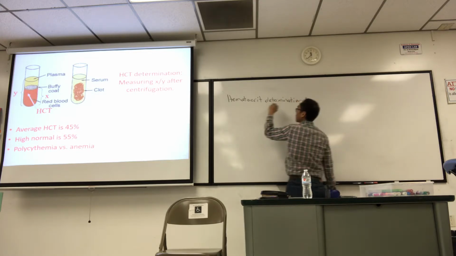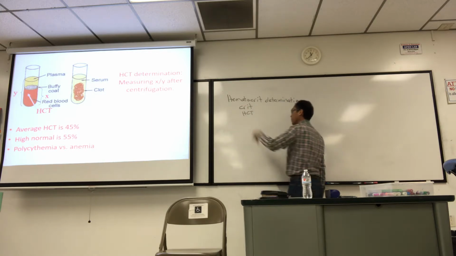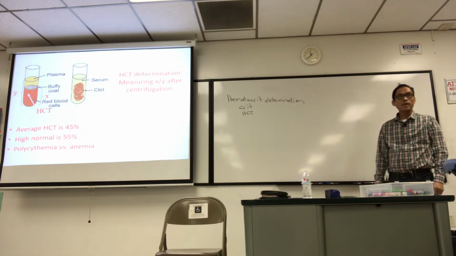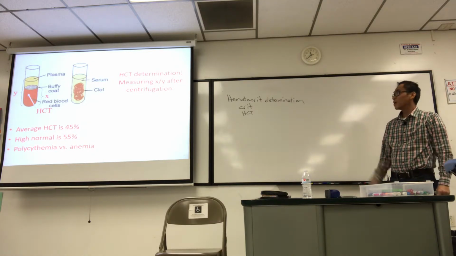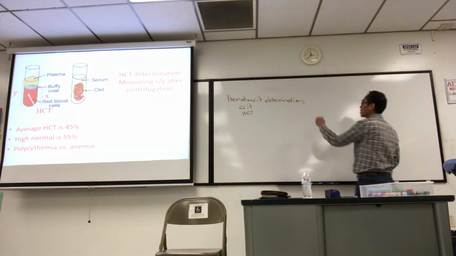So hematocrit, or just crit for short, or HCT for short, I've seen all of those. It's determining the proportion of RBCs to whole blood. That's what's important.